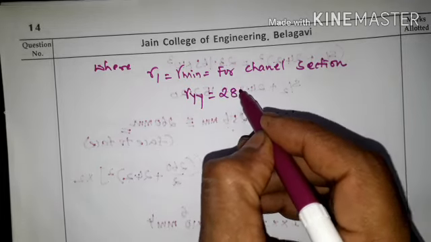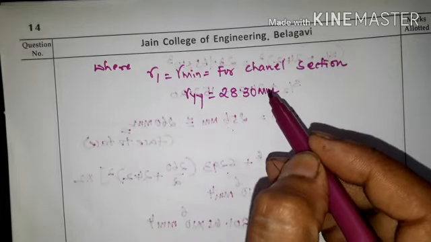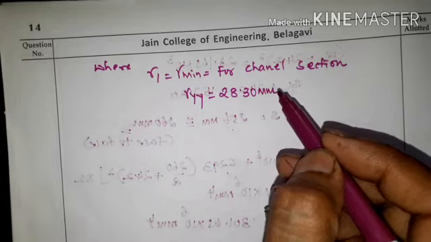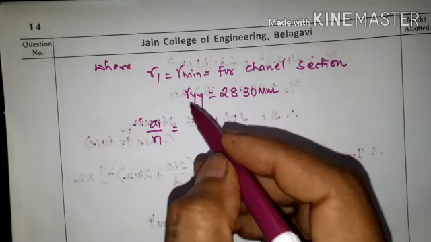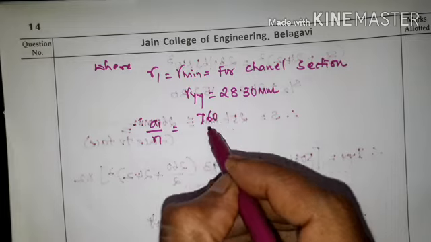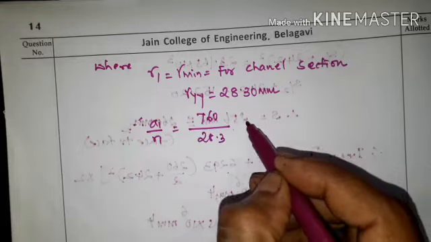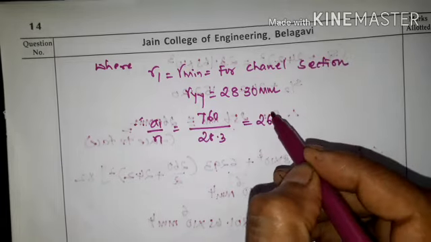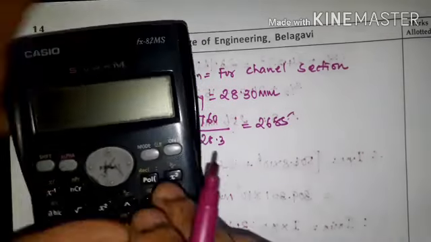So we have got it as 28.3 mm. RYY for channel section, it is R minimum, that is 28.3 mm. So therefore A1 by R1, so A1 is 760 divided by R1 is 28.3, which we'll get as 26.85.